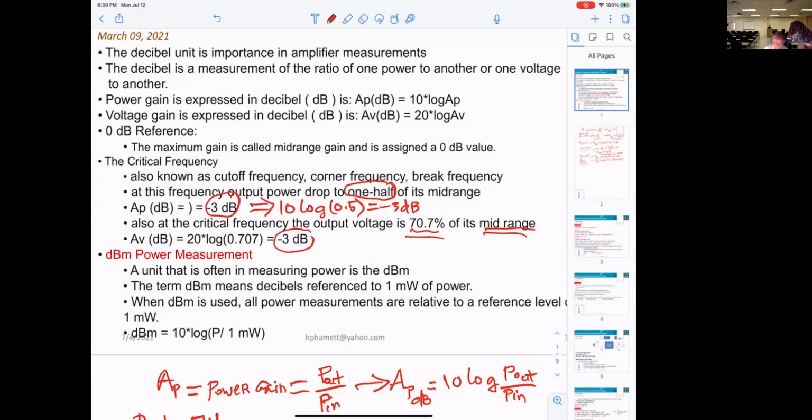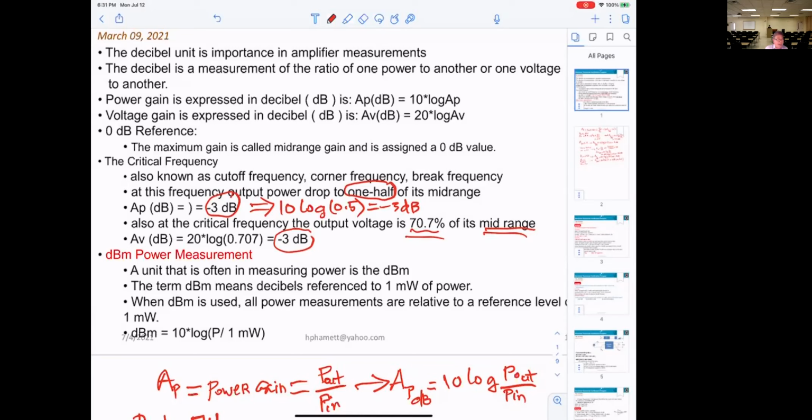So basically, either for the power gain or voltage gain, at a certain frequency, that's what they call the cutoff frequency, corner frequency, or break frequency. Make sure you understand that at that frequency, the power will drop to 1/2. That means 10 times log of 0.5, then you get minus 3 dB.